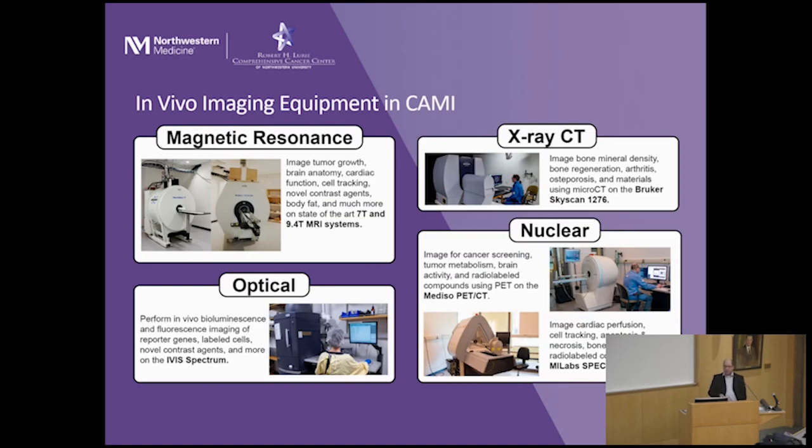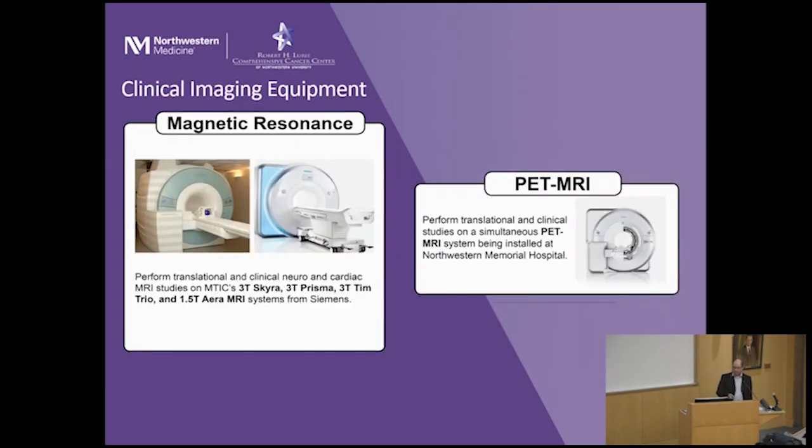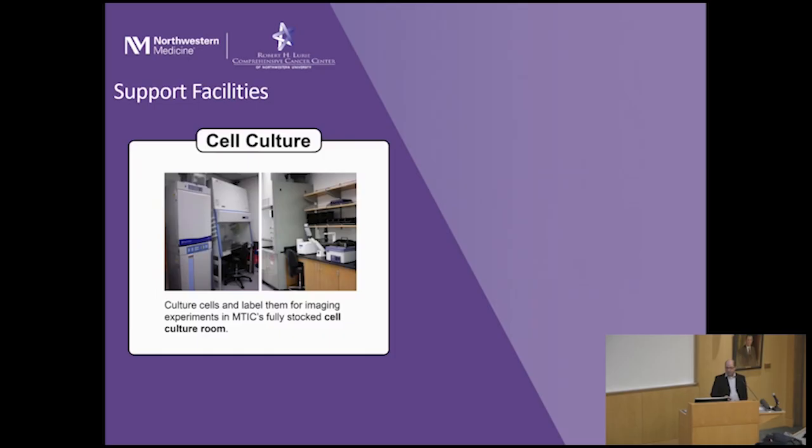We offer magnetic resonance, optical imaging, X-ray, CT, which we just got last year. We have nuclear imaging in PET and SPECT. On the clinical side, we have several clinical scanners. There's three 3Ts and a 1.5T, and then maybe about 4 years ago, they added a clinical PET MRI.